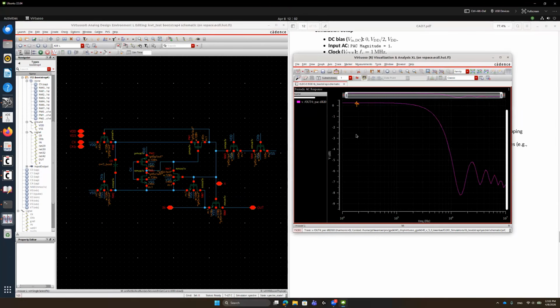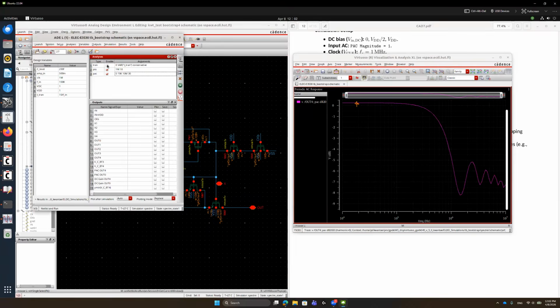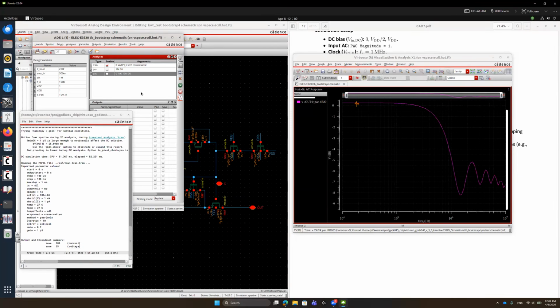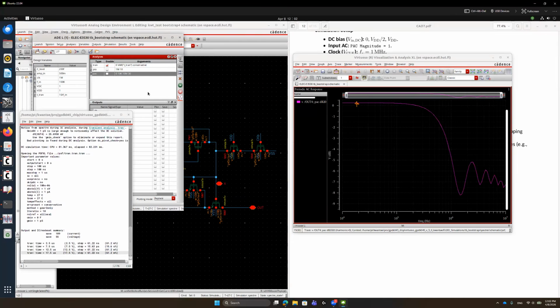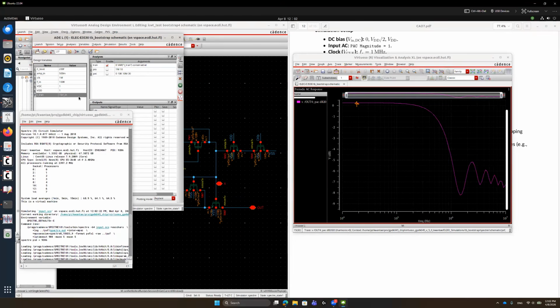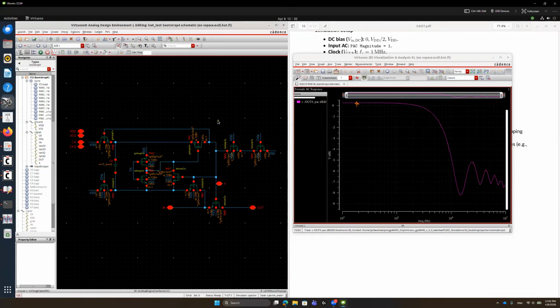I have not verified this action, but we can verify this with the transient simulation. Oh, this is too long. We are simulating for 10 cycles. It's not necessary. Go back to 2 cycles and let's see.